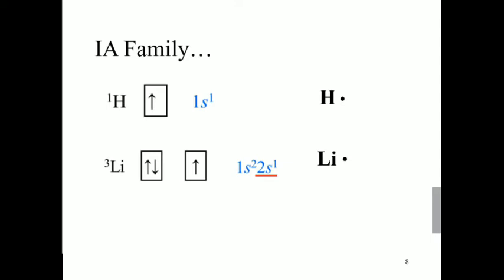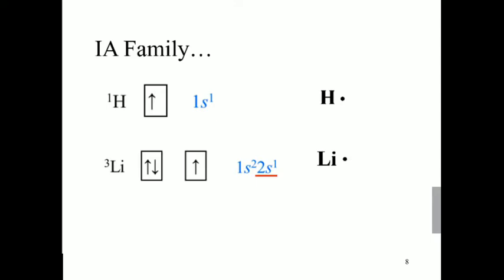The group number gives all the elements in the same group the number of valence electrons. So the elements in 1A have the same number of valence electrons, which is 1. For hydrogen, lithium, sodium, potassium, and the rest in 1A, the valence electron is 1.